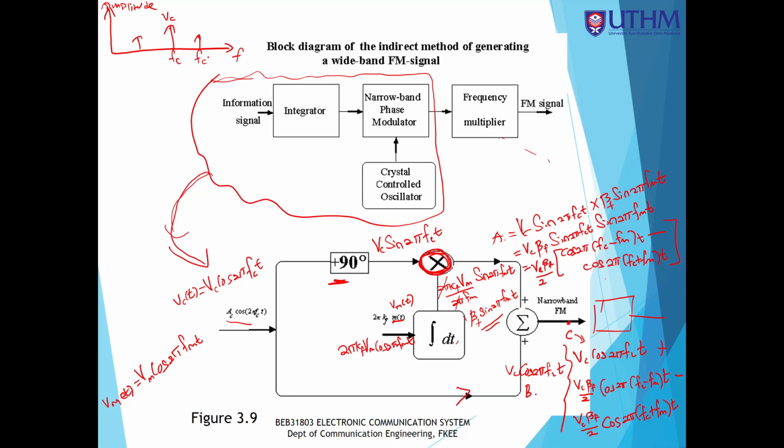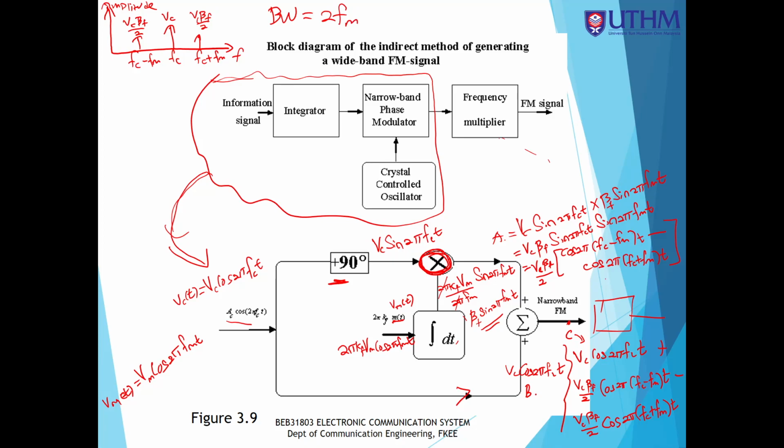Here is Fc plus Fm and Fc minus Fm. Both of these have the amplitude of Vc beta f over 2. What about the bandwidth? The bandwidth would be equal to Fm.